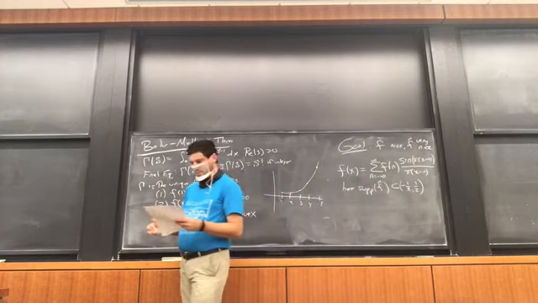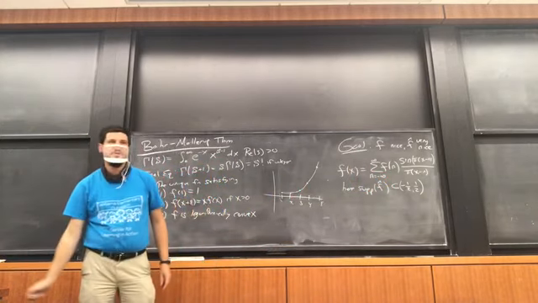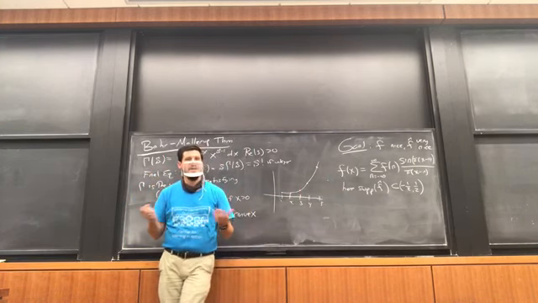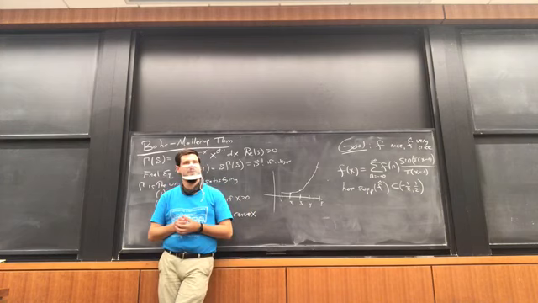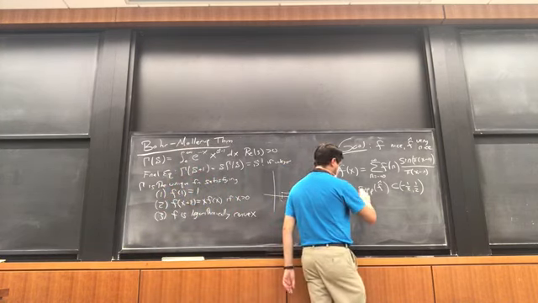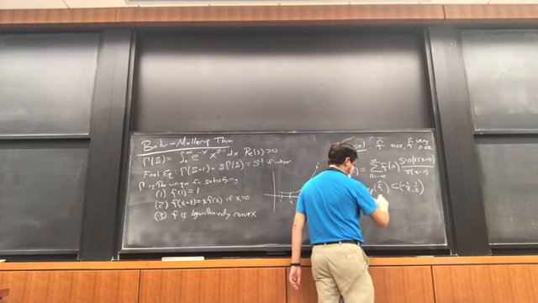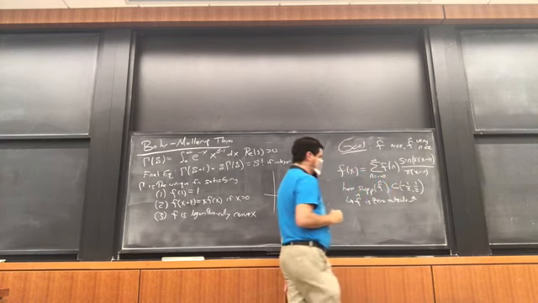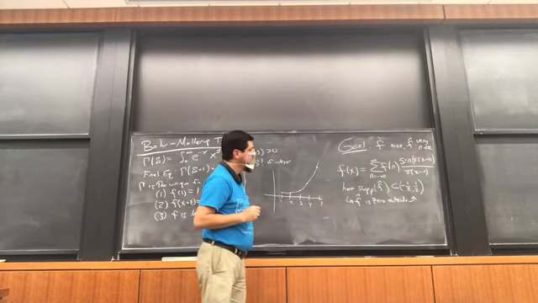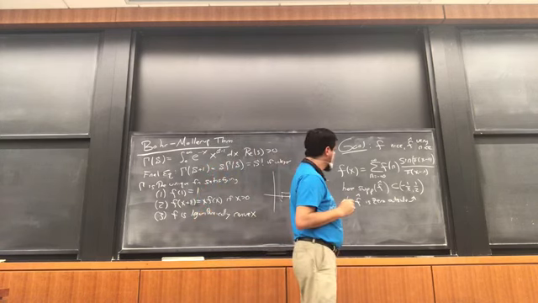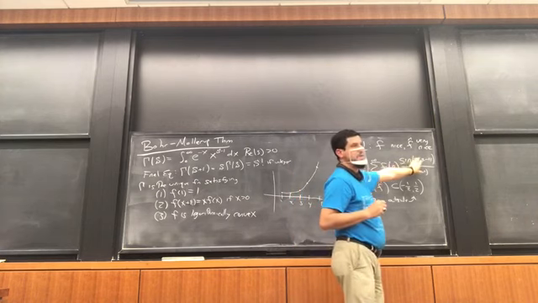So have you seen support in any of your other classes? Okay, so what does it mean for the support to live between minus a half and a half? It means f hat is 0 outside. What are we talking about? The sum from minus infinity to infinity of f of n times this fraction.